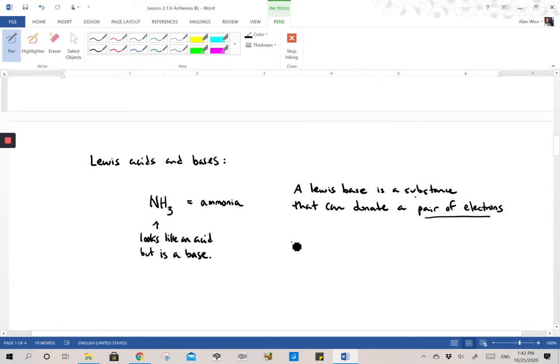So what that means for the acid is a Lewis acid is a substance that can accept a pair of electrons.